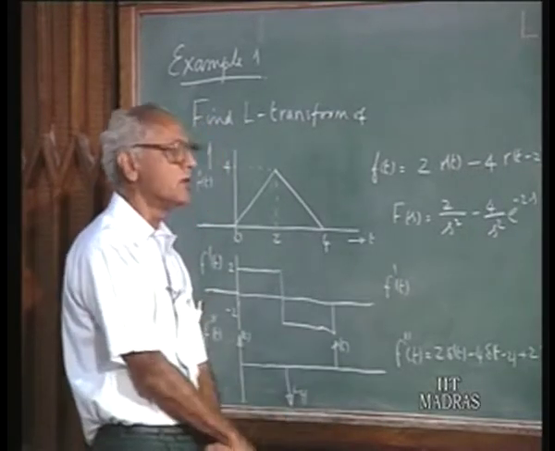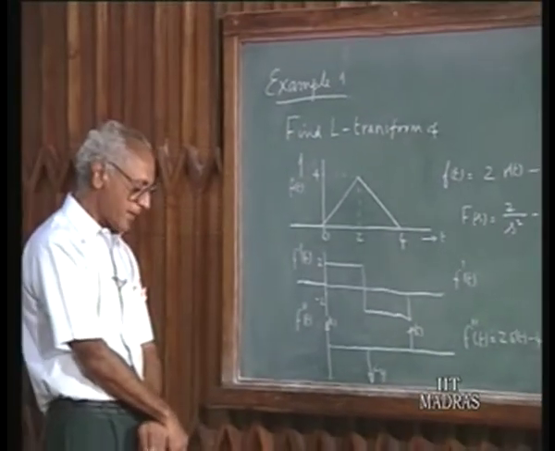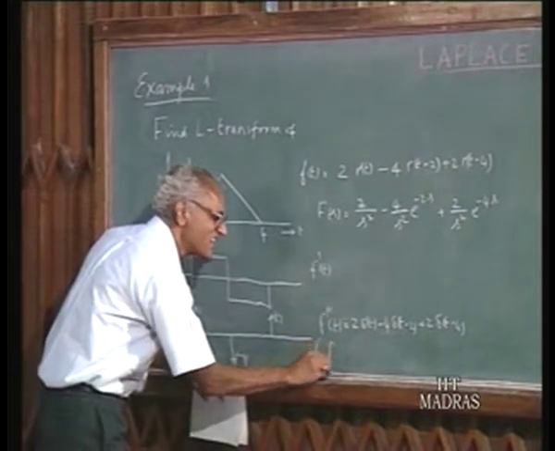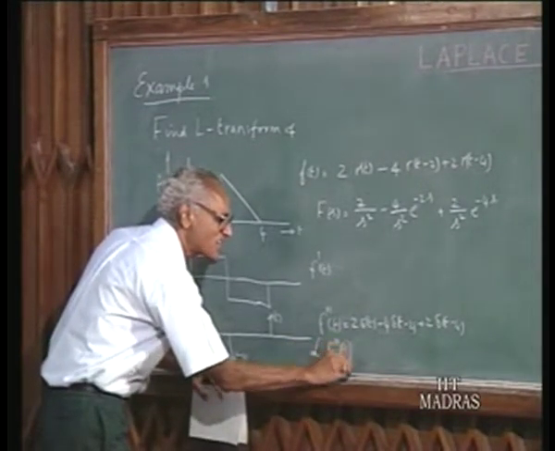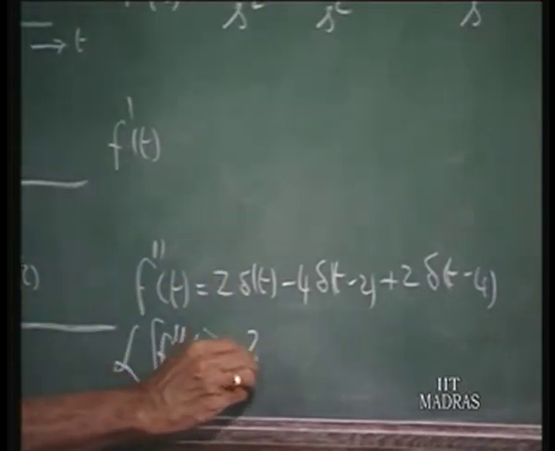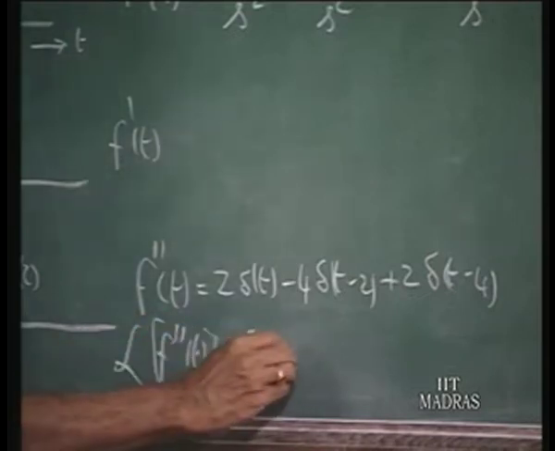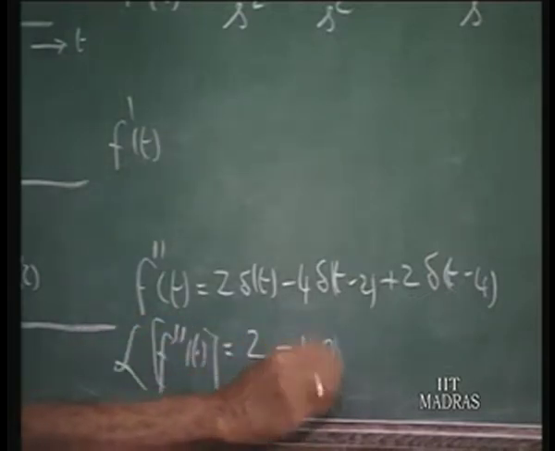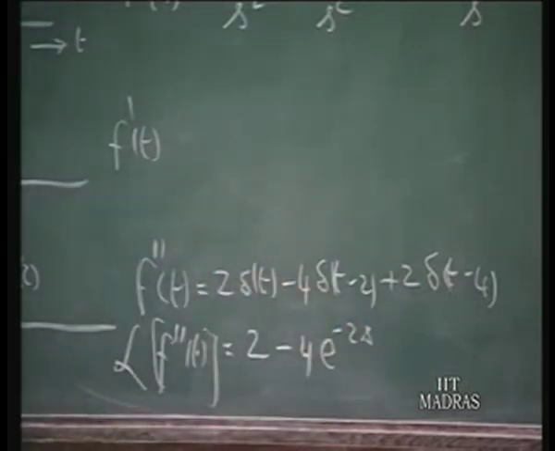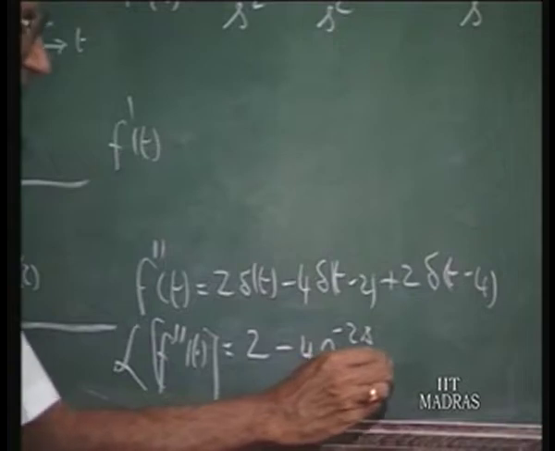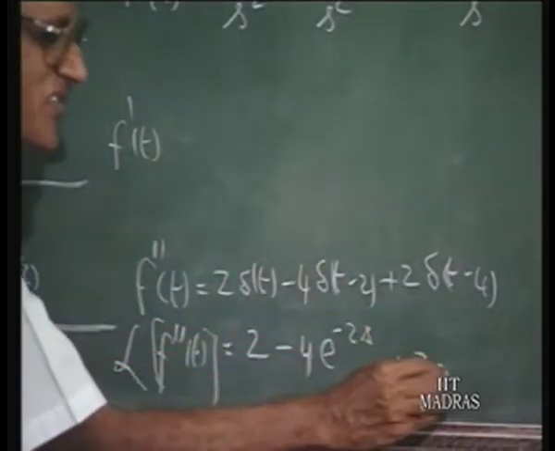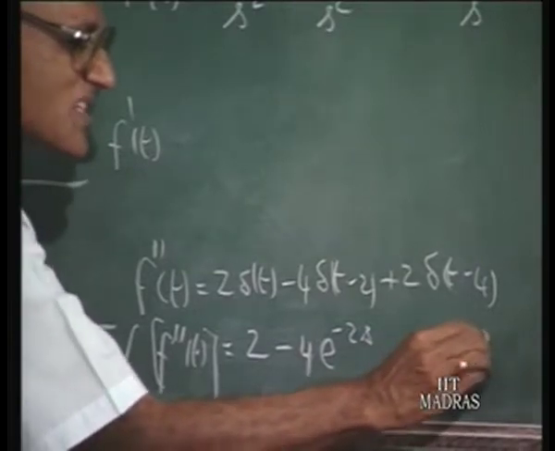The second derivative now consists purely of impulse functions, therefore, its Laplace transform is easy to find out. Laplace transform of the second derivative: delta t has a Laplace transform 1, so it is 2 minus 4 times the delayed impulse, e to the power of minus 2s, and this is again a delta function, therefore, this is 2, but it is a delayed impulse, therefore, you must introduce a term e to the power of minus 4s.